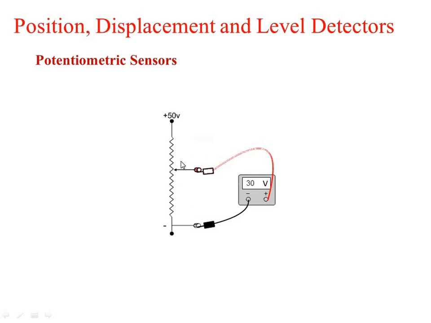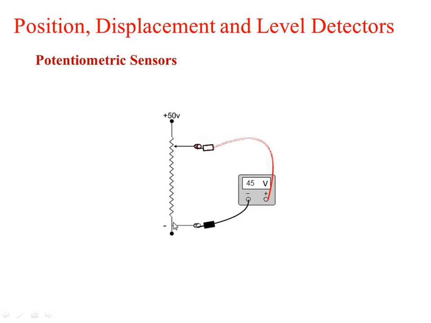When you move towards this end, the voltage increases, and when you come down, the voltage decreases. This is the simplest way.